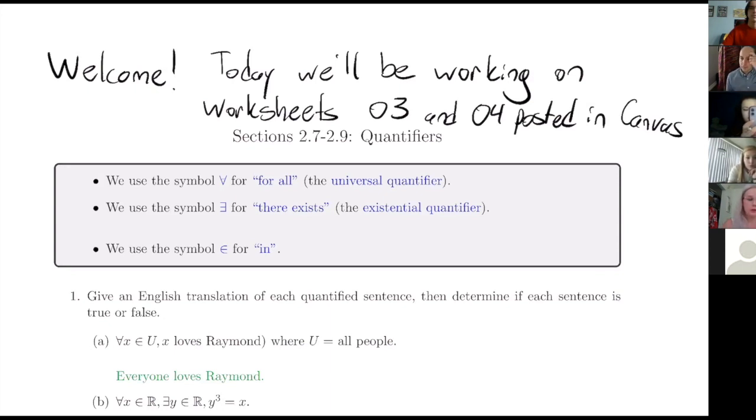On the video for the pre-class quiz, number 3, where it was translating from English: there is no smallest real number, and it was for every real number x, there exists a real number y with y being less than or equal to x.